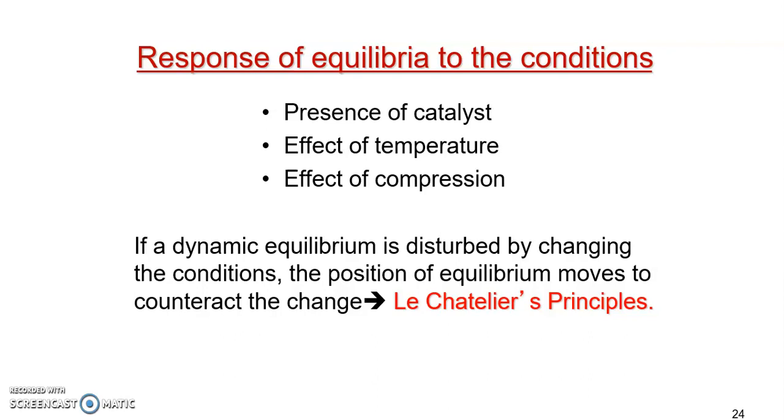For example, if a system is compressed, then the equilibrium position can be expected to shift in the direction that leads to a reduction in the number of molecules in the gas phase, as that tends to minimize the effect of compression.